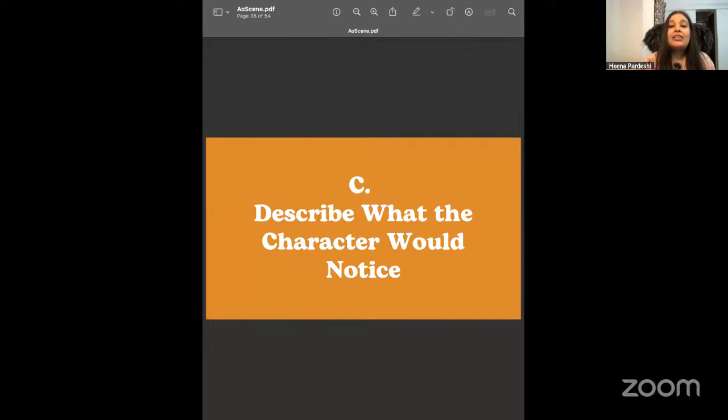A grieving character notices silence, emptiness, and fading smells. A furious character notices disorder, clutter, things out of place. And a love struck character notices the warmth, the color, and the little details. This is called emotional filtering, and it is key to immersive POV writing.